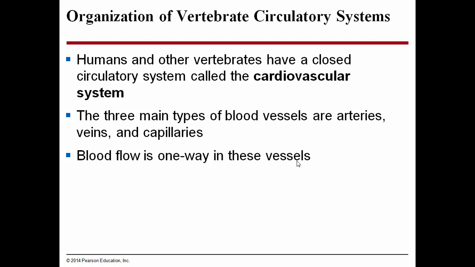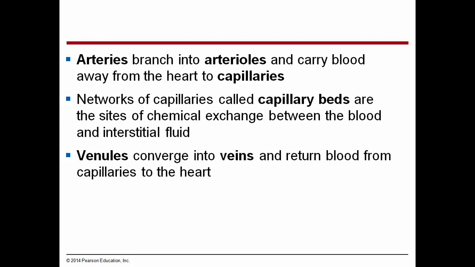Humans and other vertebrates have a closed circulatory system called the cardiovascular system. The three main types of blood vessels are arteries, veins, and capillaries. Blood flow is one way in these vessels. Arteries branch into arterioles that carry blood away from the heart to the capillaries.